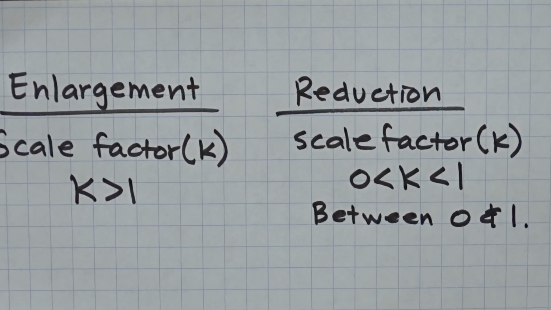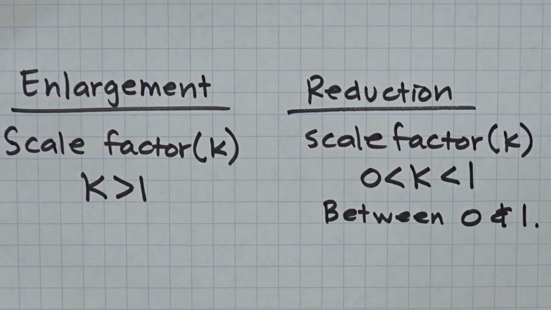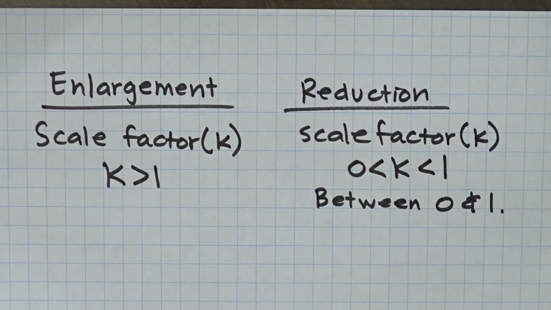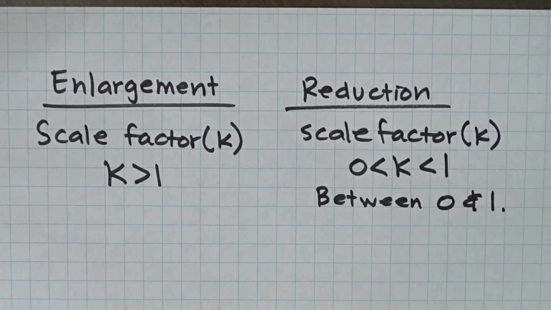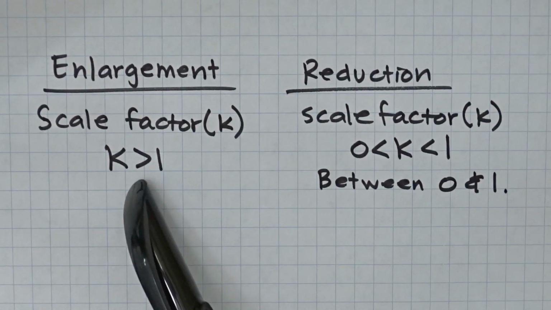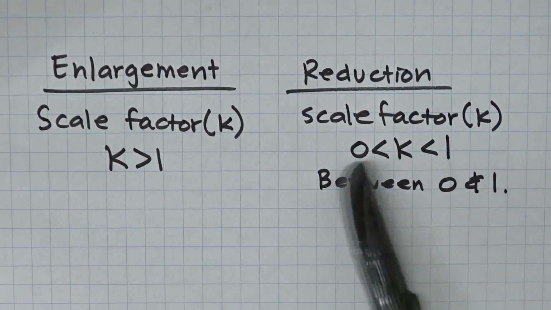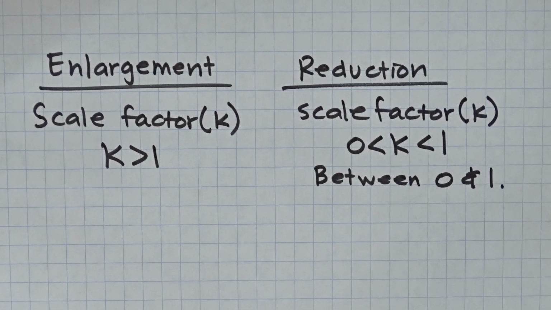All right, so when you want to predict what to expect, you can already kind of have an idea just by looking at the scale factor they're asking you to apply. If it's a larger number than 1 whole, you know it's going to be larger. And if it's a number between 0 and 1, you know it's going to reduce or shrink your image. Now, how do we find the scale factor when we're given just a figure already done?